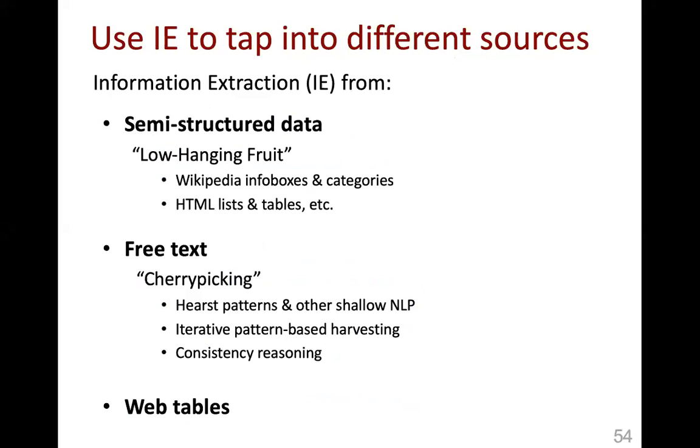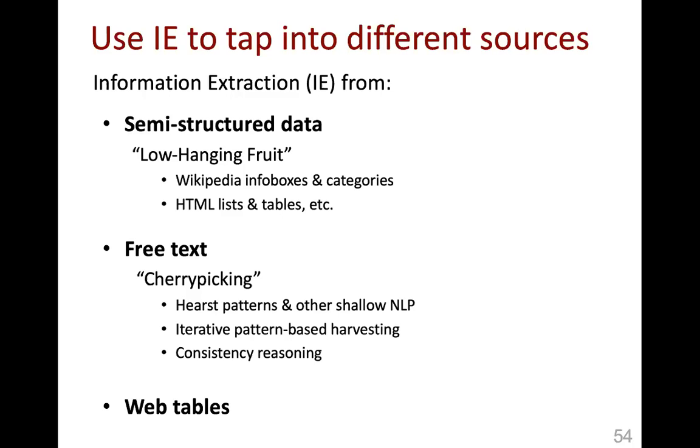So information extraction can be built upon the semi-structured data and free text. So semi-structured data is like easy, low-hanging fruit, right? So we have Wikipedia infoboxes and categories and HTML lists and tables. That's semi-structured data, and then we also have free text where we need to cherry pick, basically figure out that particular case that can be used to link one database with another.